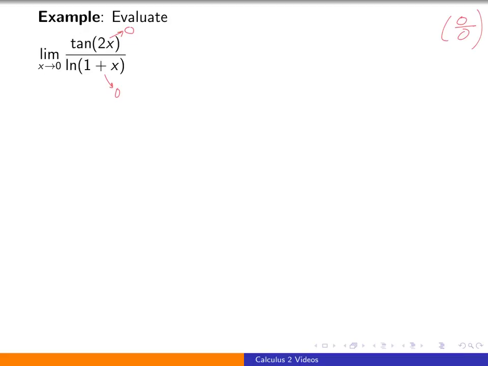So we can apply L'Hopital's rule. L'Hopital's rule tells us that this will be equivalent to the limit as x approaches 0, where we take the derivative in the top, divided by the derivative of the bottom. In the top, the derivative by the chain rule is 2 secant squared of 2x. And in the bottom, 1 over 1 plus x.